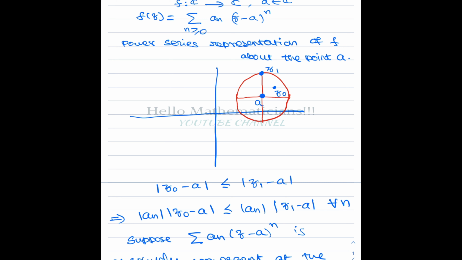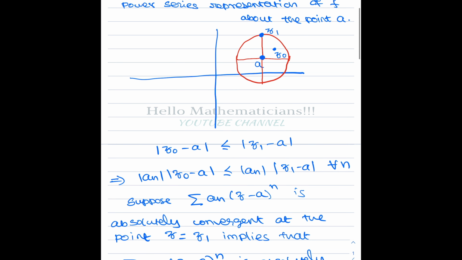Now I consider another point z naught whose distance from a is less than the distance between a and z1. Clearly the distance between a and z naught is less than that between a and z1. Now we make some observations.